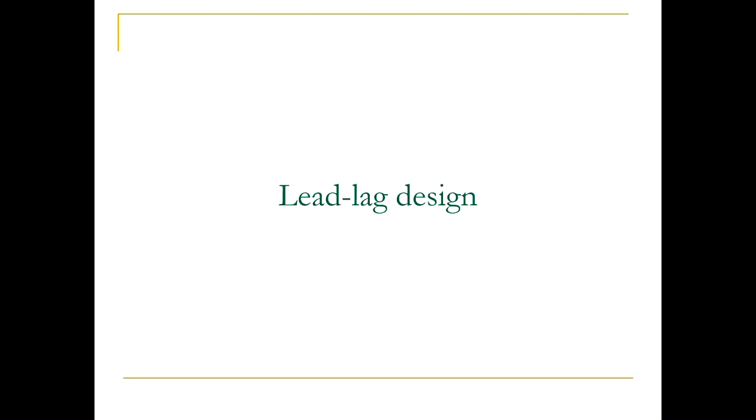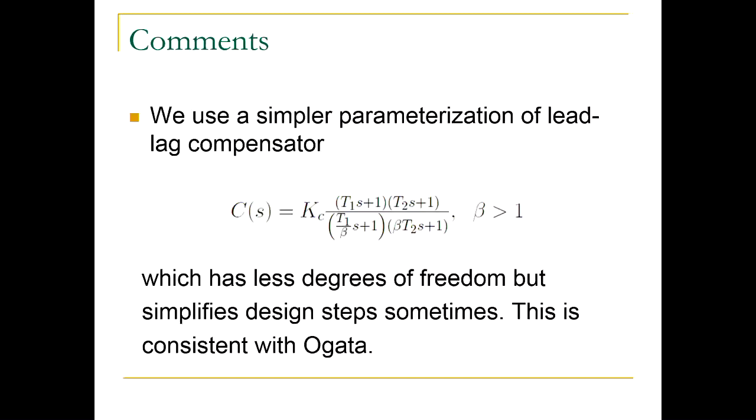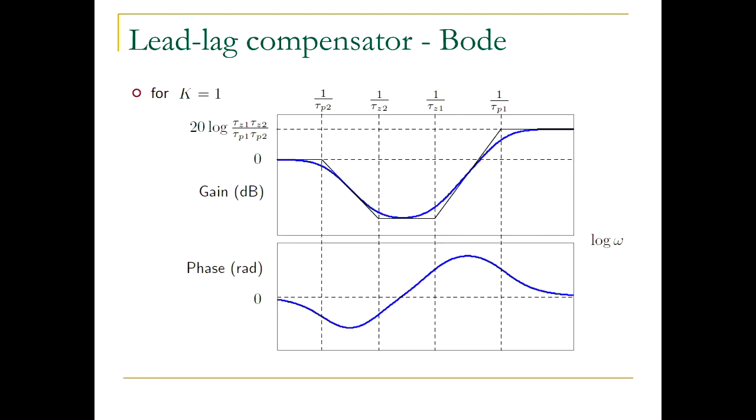All right. So now we want to go through an example. We first reminded ourselves what the lead lag compensator looks like and what its features are. One thing I forgot to perhaps ask you: you see, we are using lag at lower frequencies, lead at higher frequencies.